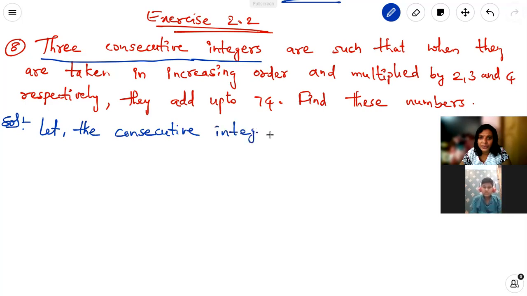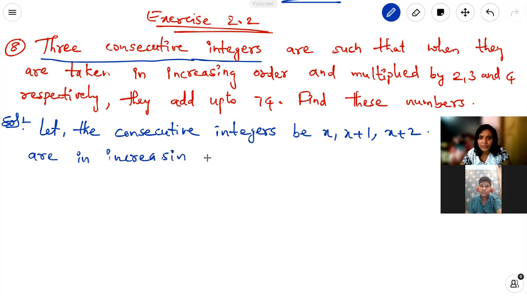Consecutive integers means immediately we can take x, x plus 1 and x plus 2. Such that when they are taken in increasing order, it is clearly in increasing order. x, x plus 1, x plus 2 are in increasing order only. Okay.